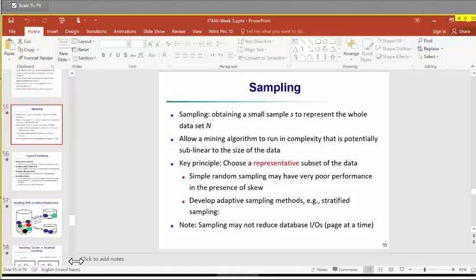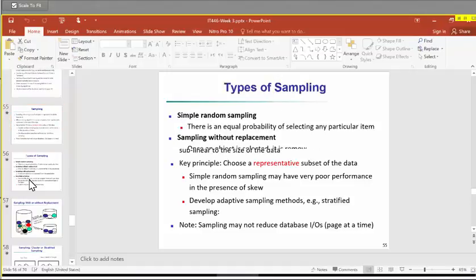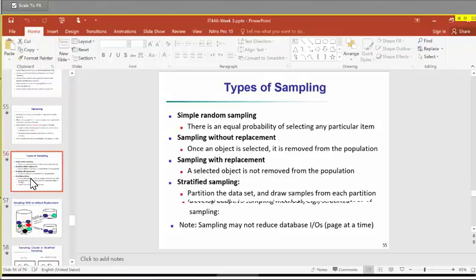The key principle of sampling is to choose a representative subset of the data, and we can do it by simple random sampling, or you can develop some adaptive sampling methods, for example stratified sampling. We will discuss it soon. Sampling may not reduce the database input outputs.